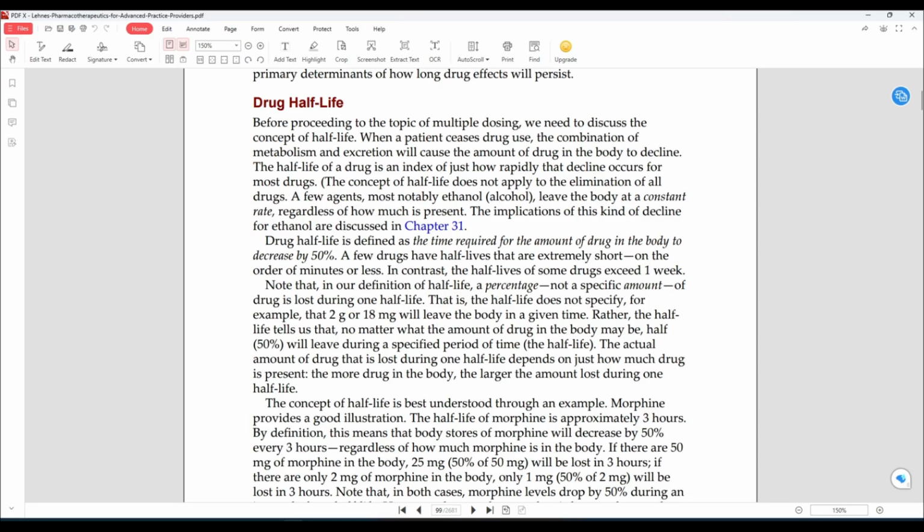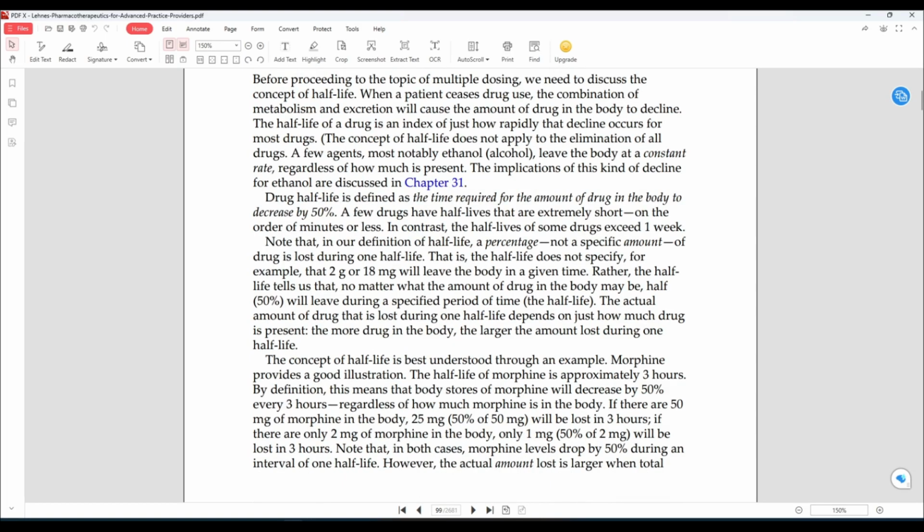The concept of half-life is best understood through an example. Morphine provides a good illustration. The half-life of morphine is approximately 3 hours. By definition, that means the body stores of morphine will decrease by 50% every 3 hours, regardless of how much morphine is in the body.